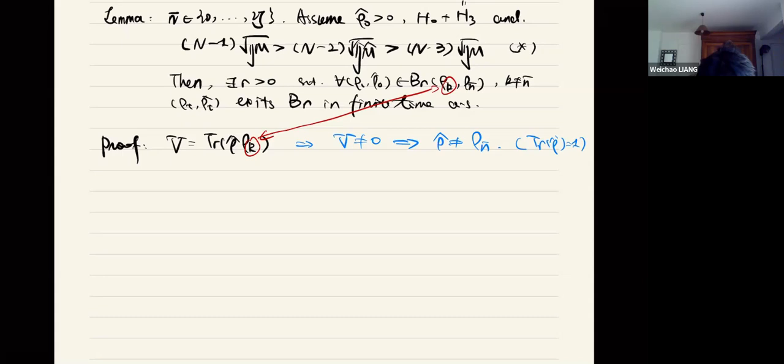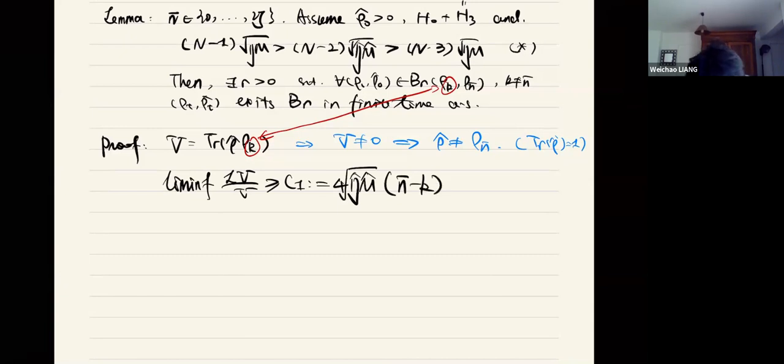And similarly, we calculate LV over V. We can show that it's bounded by a constant. And also we calculate the sup.